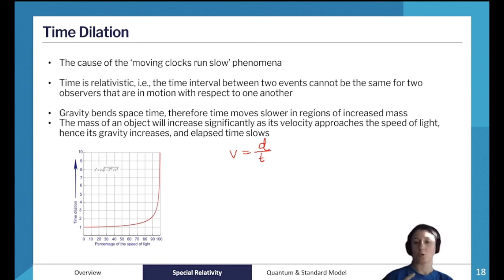We'll get into more of that later on when we're explaining some of the paradoxes, but that is the essentiality of it. Because the velocity has to stay the same, the distance and the time will change.